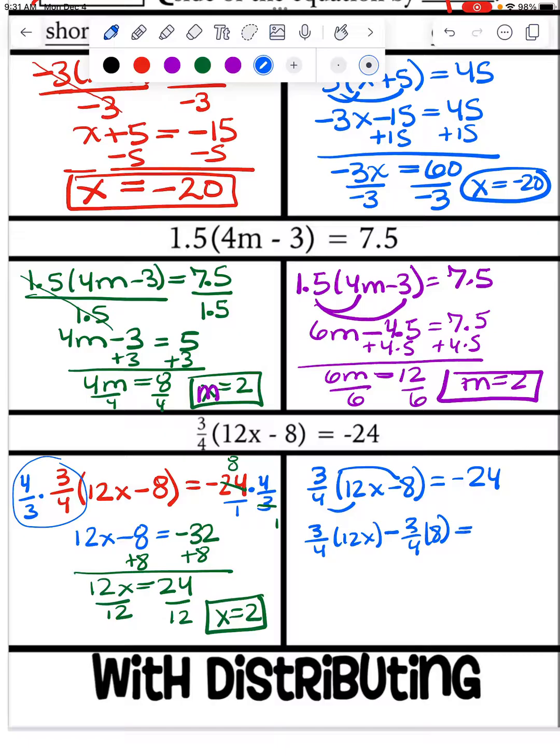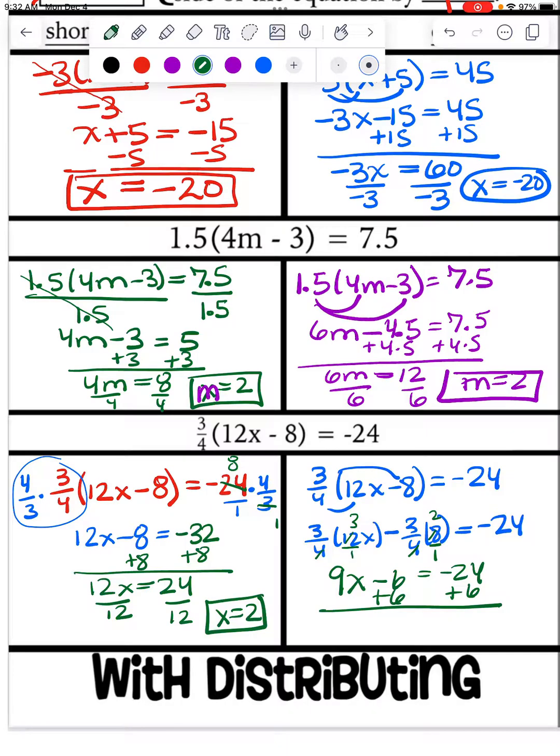You'll get the same thing. This is not too bad. 3/4 of 12: if you think of this as 12 over 1 and cancel, then you have 9x. If you think of this as 8 over 1 and cancel, you'll get minus 6. So to solve this, I'm going to add 6 and then divide by 9.